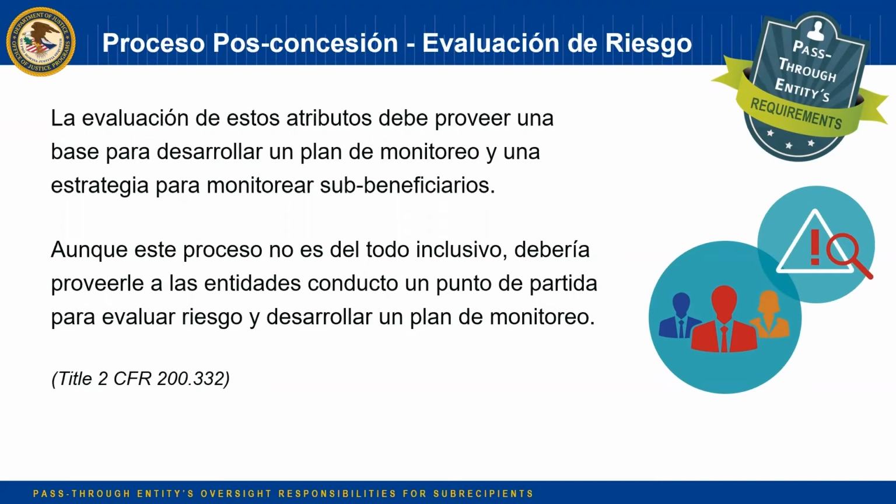So based on these risk factors that could change each year, we want to make sure that we are looking at that to ensure that we're including all of the sub-recipients that are in our population that may warrant some type of review. Next slide, please.